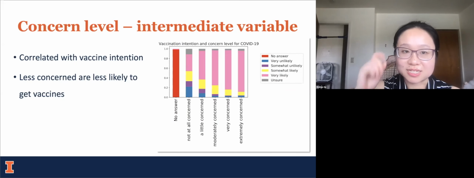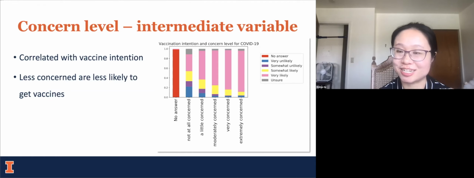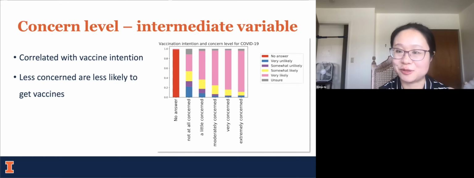What we found is that we will use the concern level as the intermediate variable instead of the vaccination intention itself, because the reason for reduced vaccination intention is either they are not concerned with COVID or they have a bigger concern with the vaccine.